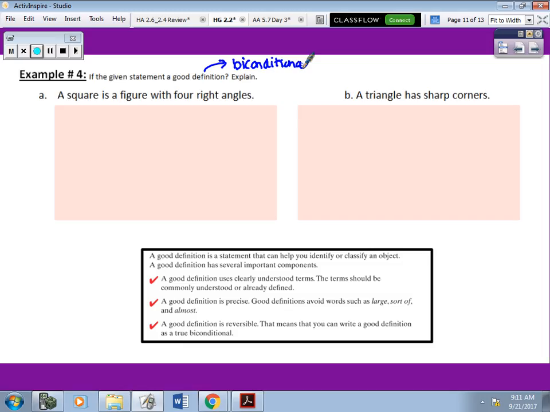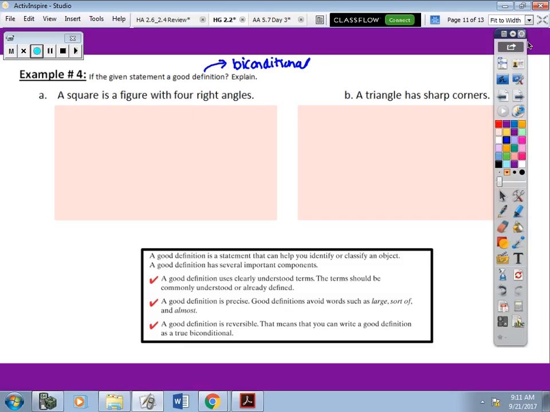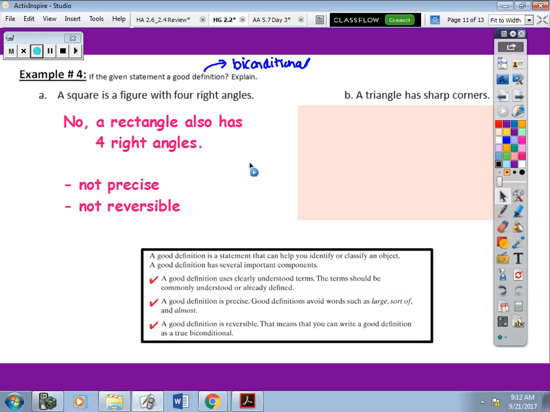A rectangle. Okay, so this is not a good definition. It's not reversible. And that's probably what I wrote. So I have no, a rectangle also has 4 right angles. The reason that it's not a good definition is that it's not precise and it's not reversible. And if you pick no, that's usually always your explanation, that it's not precise and not reversible.